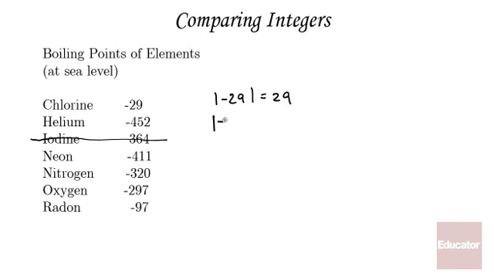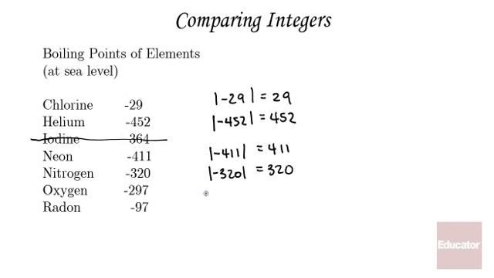The absolute value of negative 452 is 452. The absolute value of negative 411 is 411. The absolute value of negative 320 is 320. The absolute value of negative 297 is positive 297. And lastly, the absolute value of negative 97 is 97.